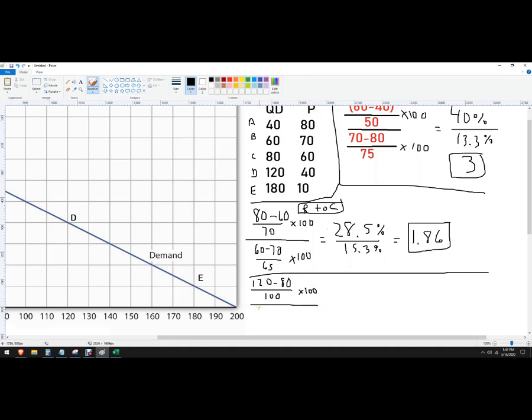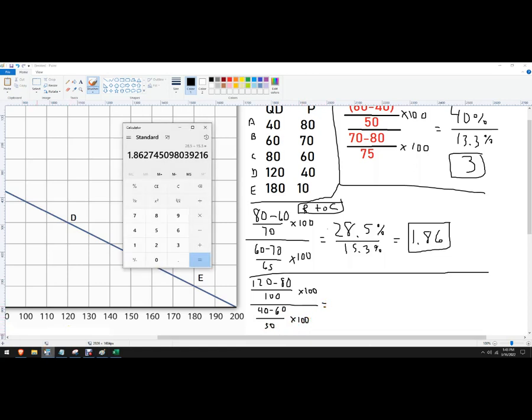So this will be 40 minus 60 over 50 times 100. So now on the numerator, we've got 40 over 100, which is 0.4.